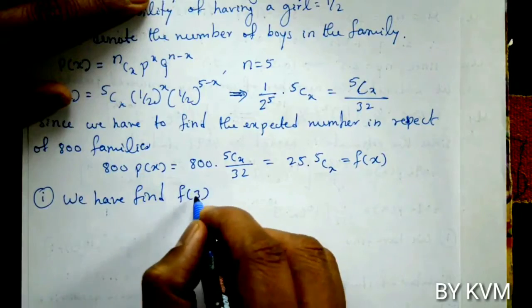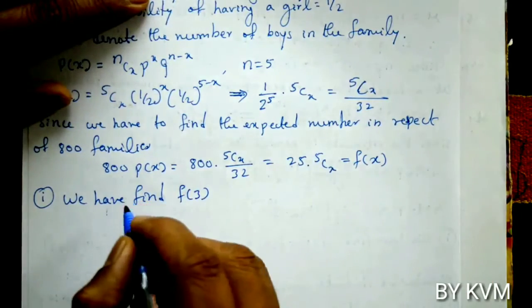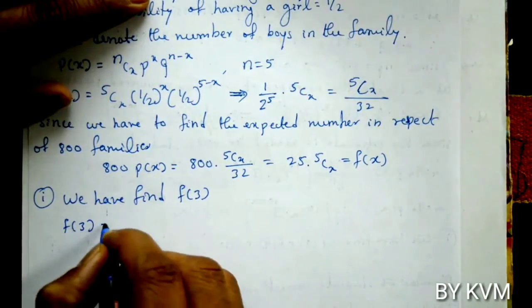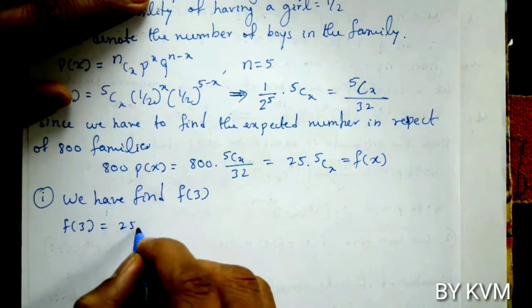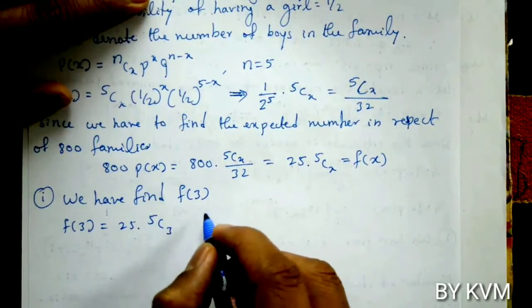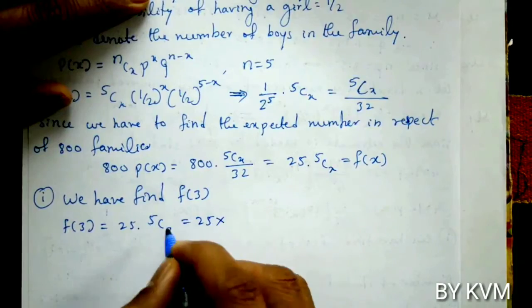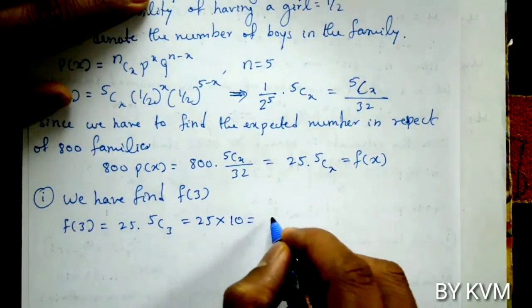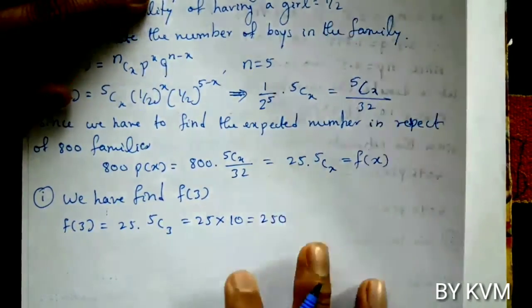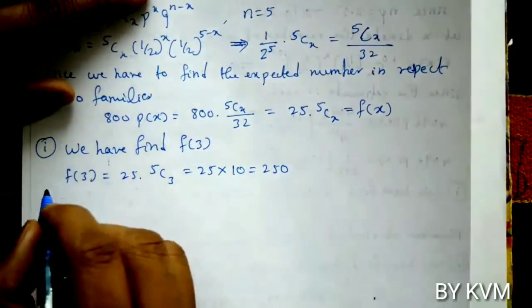So, first case we have to find the probability of having 3 boys. Probability of having 3 boys means f of 3. f of 3 equals 25 into 5 c 3, that is 25 into 10, that is 250.